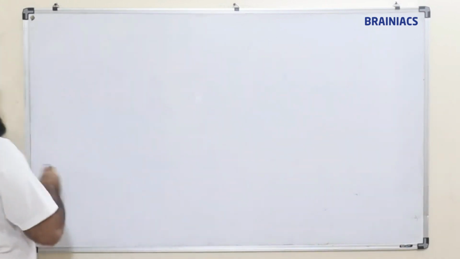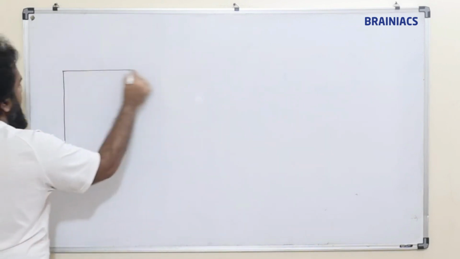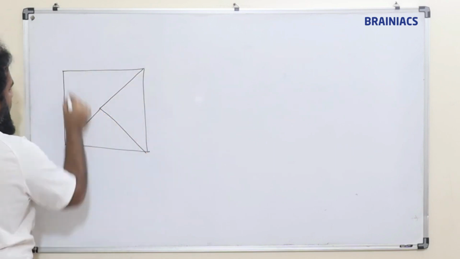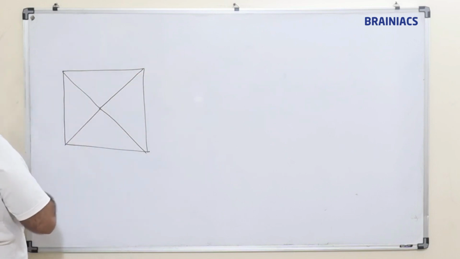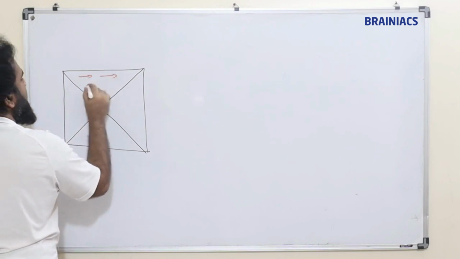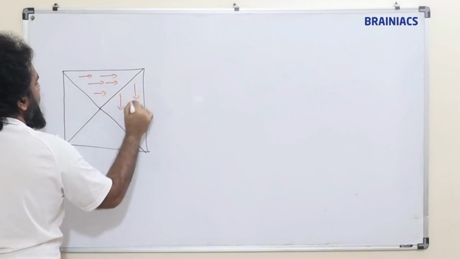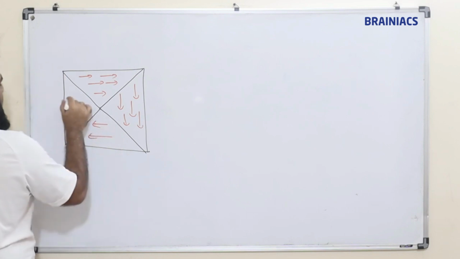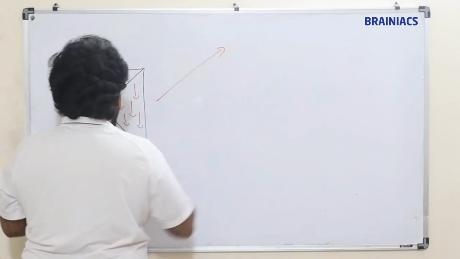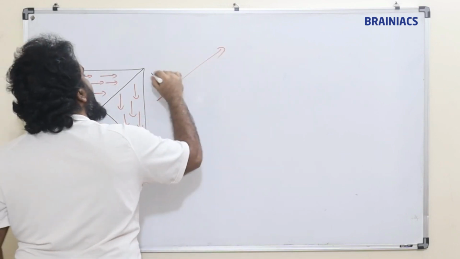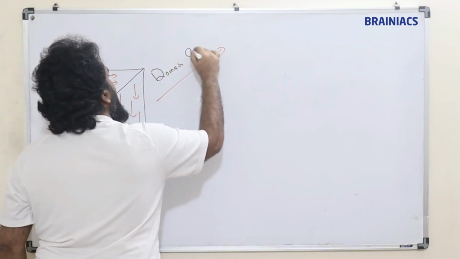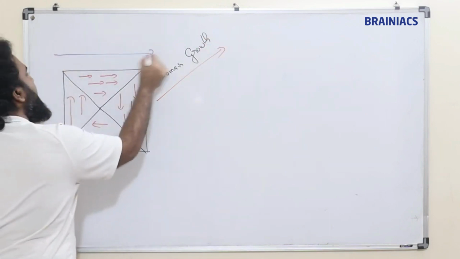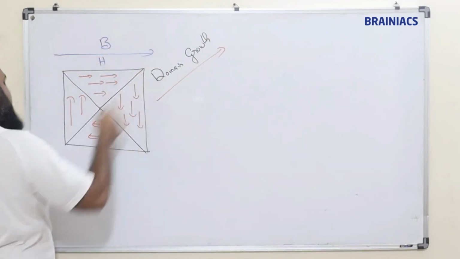Say, suppose we consider it like this. If in the domains the dipole moments are in this direction, domain growth means, suppose you are applying the external magnetic field, that is H, in this direction.